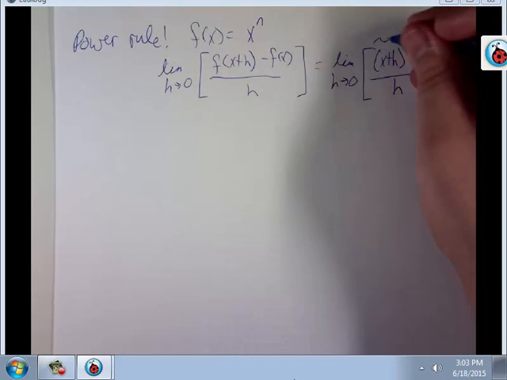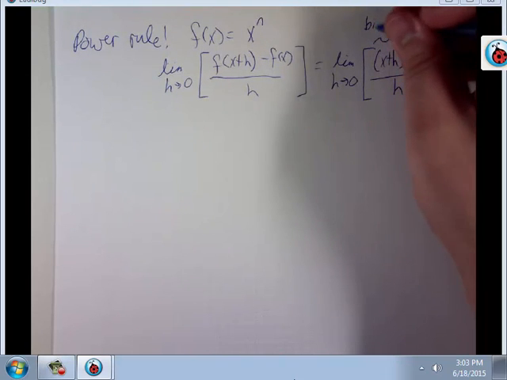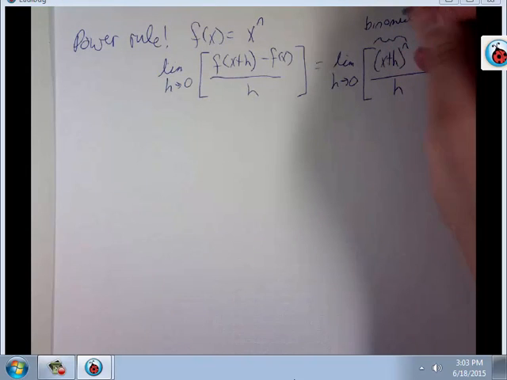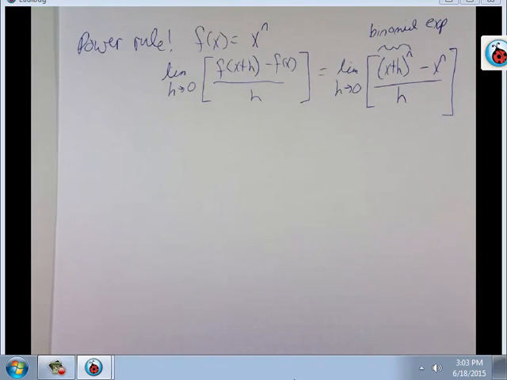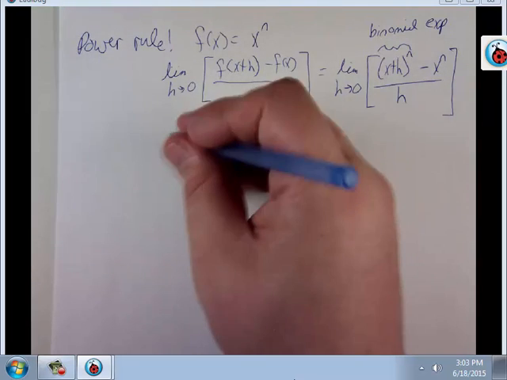Now this is binomial expansion, which you should have done in algebra or pre-calc. So I'm not going to go over how you get that.